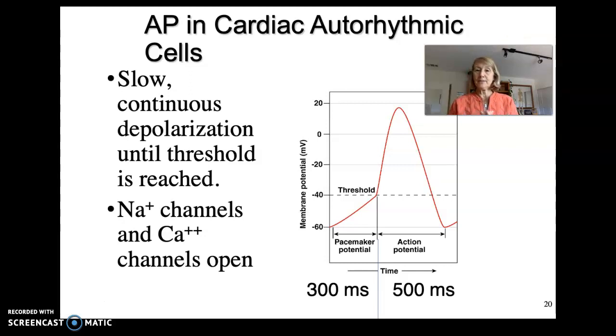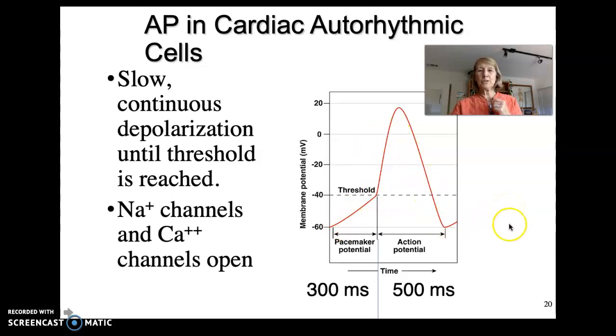But because this is autorhythmic, because it's doing it on its own and it's not getting a signal, it's going to have to create it by itself. And it does so by using also calcium channels, but leaky sodium channels. And slowly this becomes more positive and more positive and more positive, and then it fires.